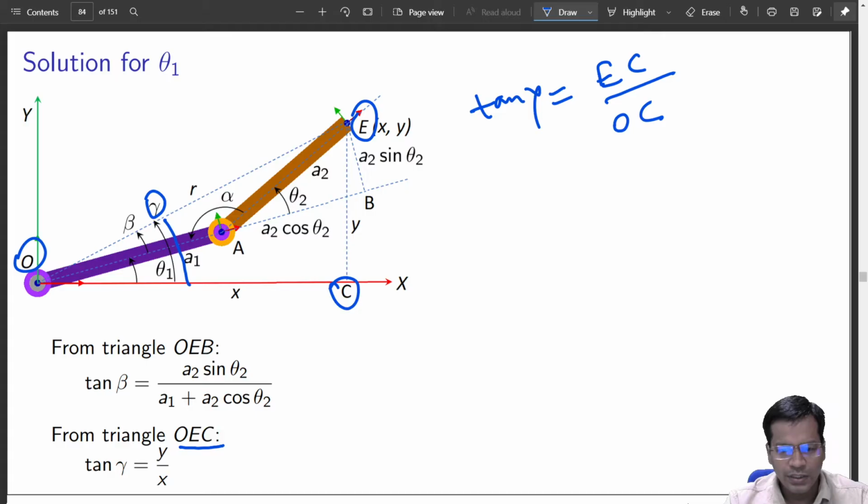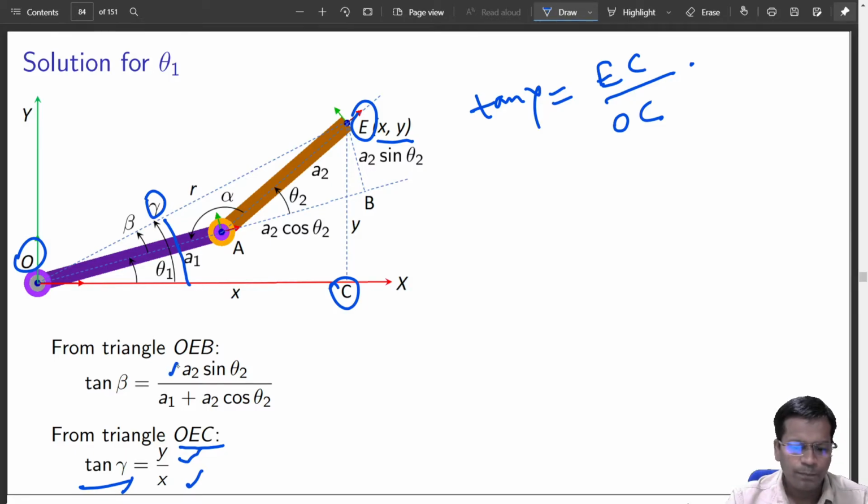Again, EC is simply y and OC is x. So tan gamma can be directly taken out. You started by knowing x and y, so x and y are known, so gamma is straight away known.